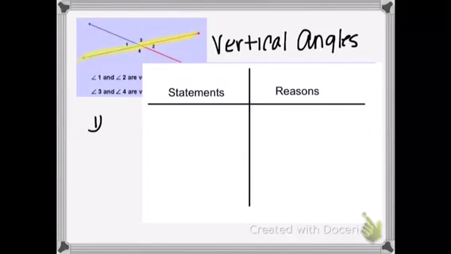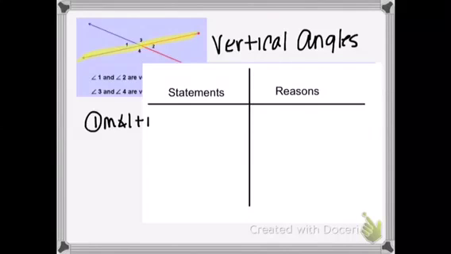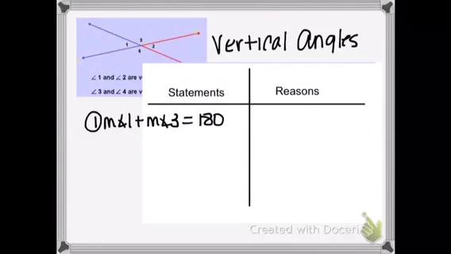So I'm going to say that the measure of angle 1 plus the measure of angle 3 is going to equal 180 because we know that all lines equal 180. And I can also make another line here with this line right here, and I see that the angles that form that line would be angle 2 and angle 3.